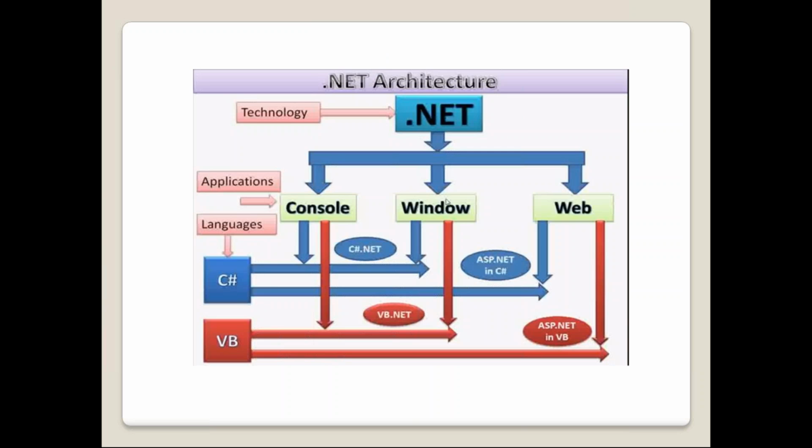Finally, we'll see what the .NET architecture is. If you observe this diagram, with the help of .NET, the types of applications we can develop are console, window, and web applications. These are the three types of applications we can develop.